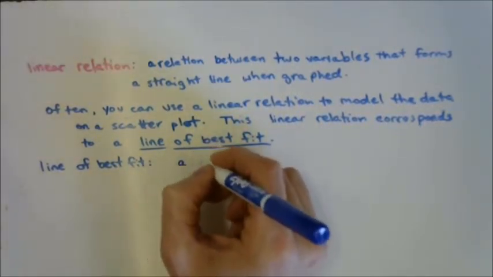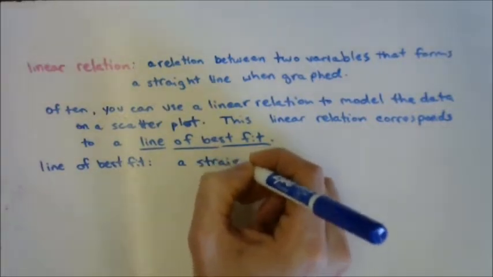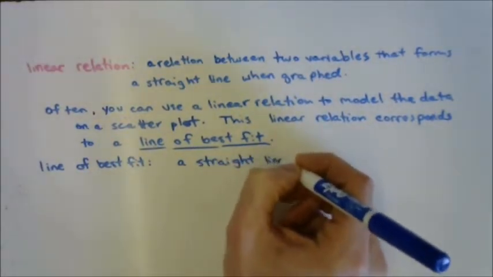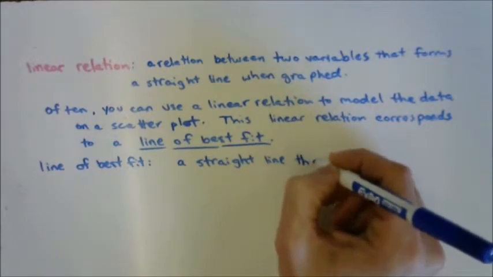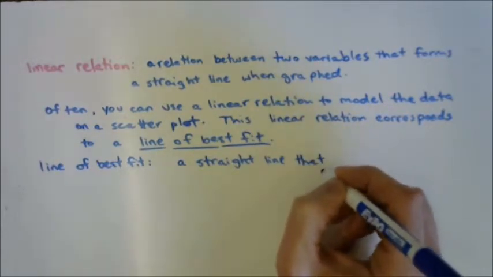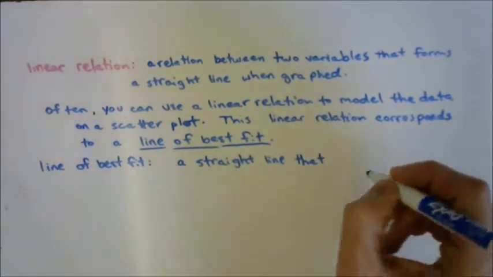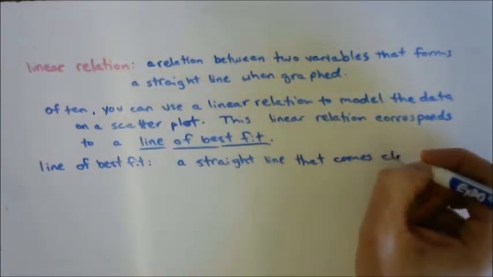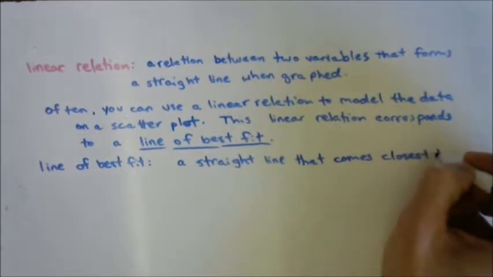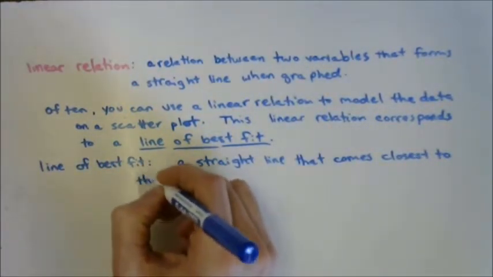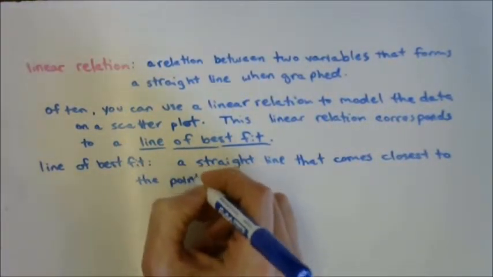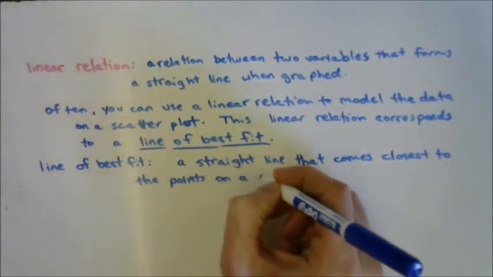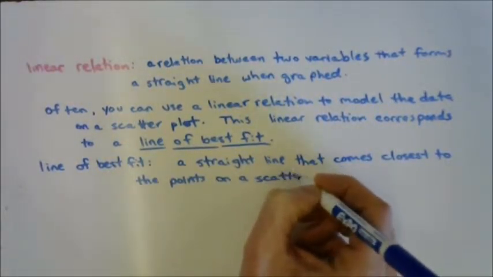This is a straight line that comes closest to the points on a scatter plot. A straight line that comes closest to the points on a scatter plot.